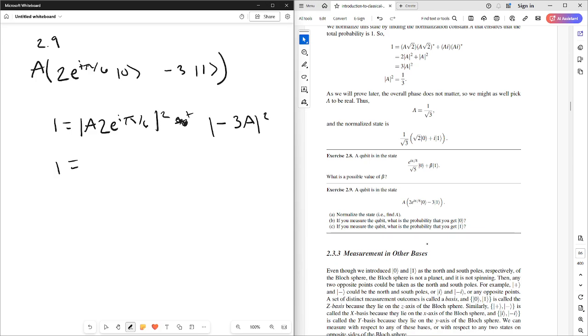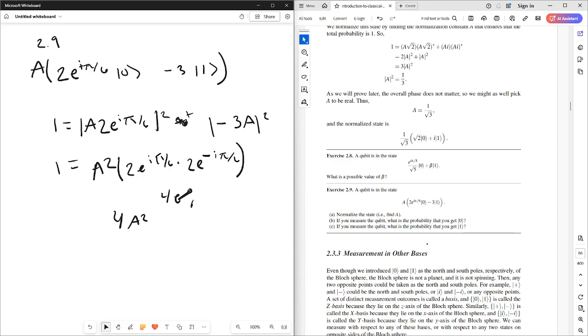In order to find the norm square, we take our complex conjugate, which simply equates to e^0. So we have 4e^0, this is 1. So we have 4A squared. And over here, we don't need to worry about that.